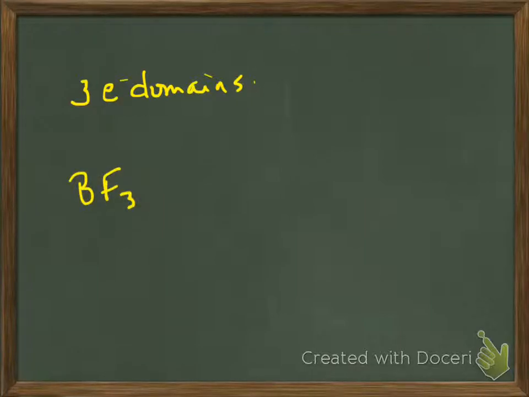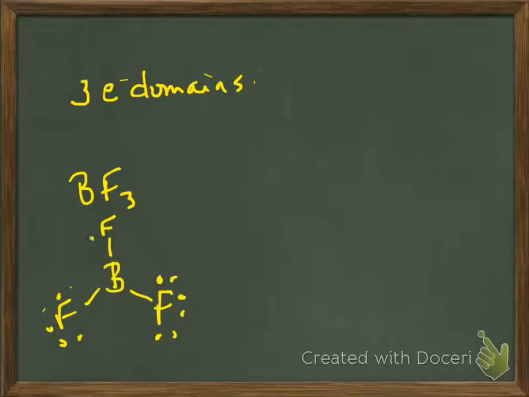Okay. If I have three electron domains, this could be something like BF3, which violates the octet rule. I have fluorine, fluorine, fluorine. Don't forget the unshared pairs on the fluorine.